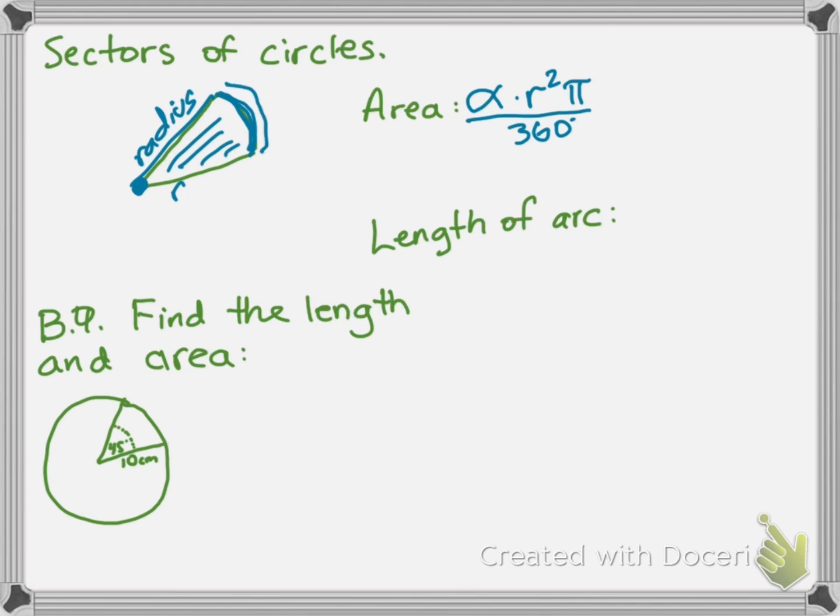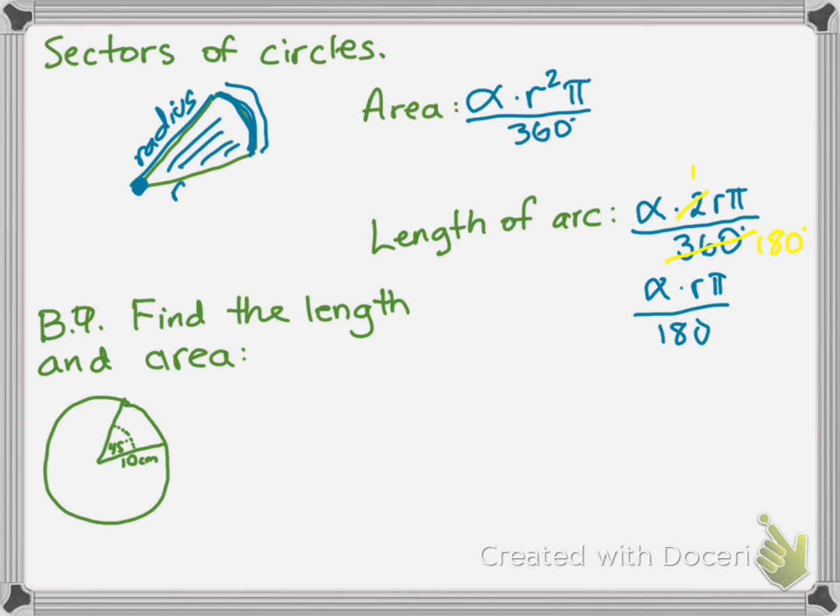The length of the arc is going to be also the central angle, but in this case, it's going to be 2 radius pi, which is the circumference, divided by 360, because there's a total of degrees. Now notice that this can be simplified, so that it is easier just to remember is the central angle, radius pi, over 180. Why? Because we simplified the 360 with the 2.